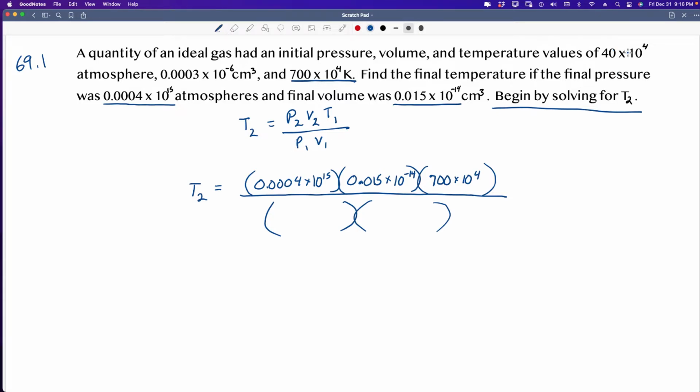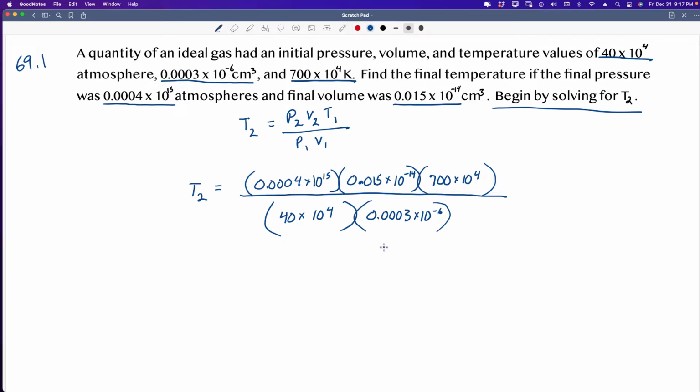That's the first number that was given to us, initial pressure: 40 times 10 to the 4. And we only have one number left, and it goes right here: 0.0003 times 10 to the negative 6. Now we have all our numbers in.